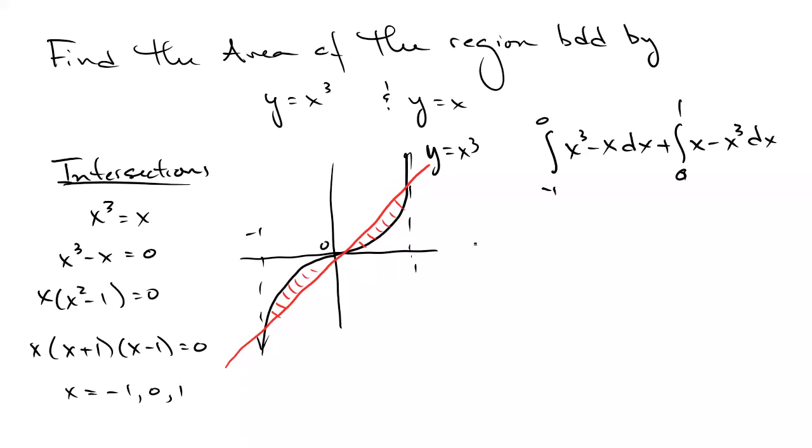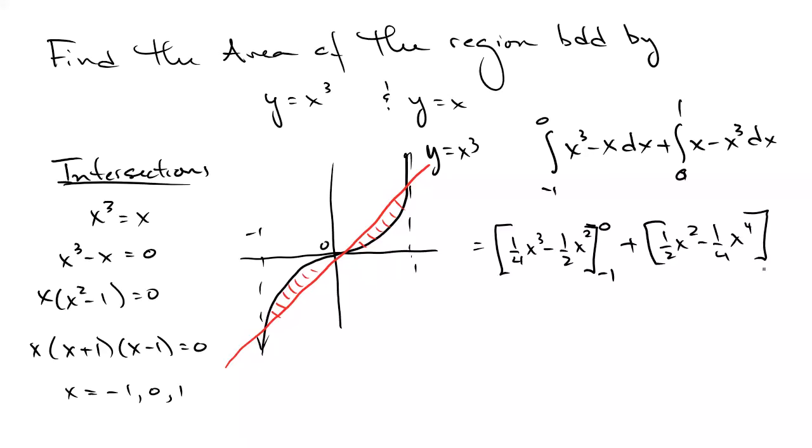You should be able to integrate these fairly painlessly, and we'll be looking at 1/4 x to the 4th minus 1/2 x squared, evaluated from -1 to 0, plus, in the other integral, 1/2 x squared minus 1/4 x to the 4th, evaluated from 0 to 1.